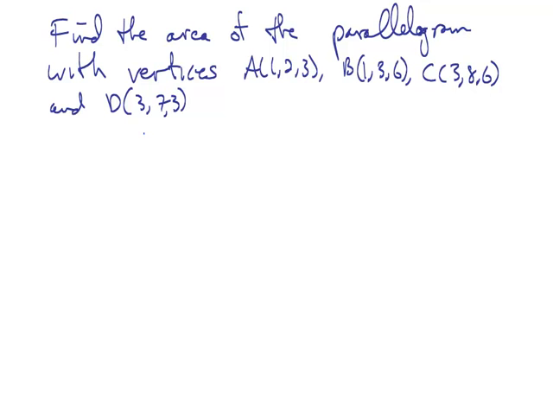So we could just draw a picture, and we could say we have A here, B here, and I hope these make a nice parallelogram. So what I can do is simply form a couple of vectors. I form the vector AD and I form the vector AB.